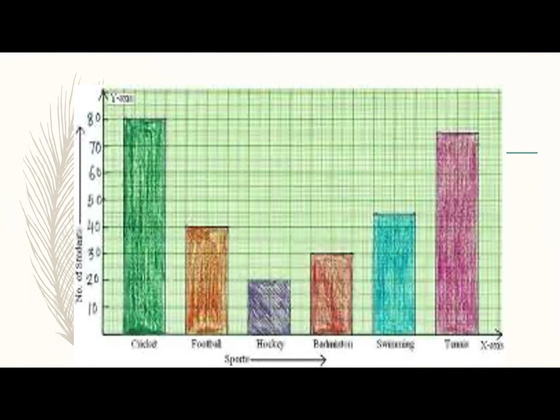For swimming you see here, it is between 40 and 50, so 45 students like swimming. Table tennis, around 75 students like table tennis. So by this bar chart also you can understand what the data is about.